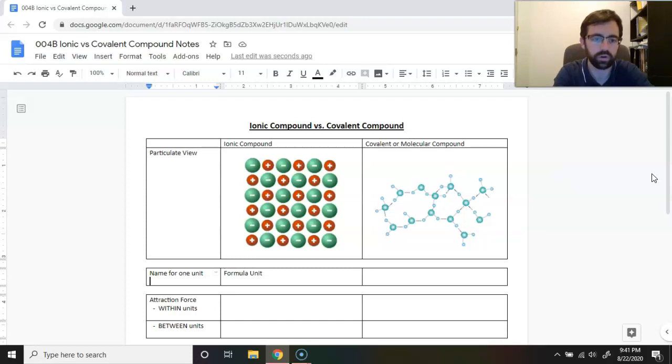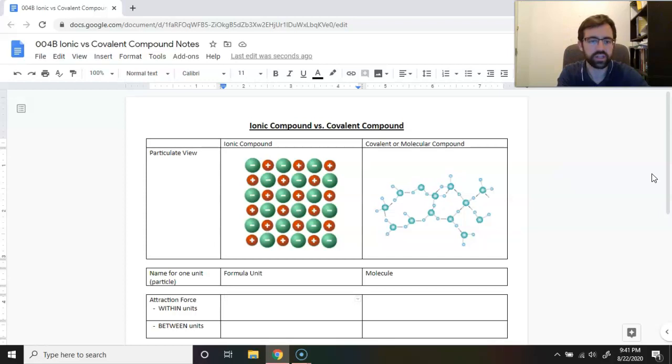Another word for the name of the unit would be the name of the particle. And for a covalent or molecular compound, we would call that a molecule. Molecules can also be referring to a diatomic element.